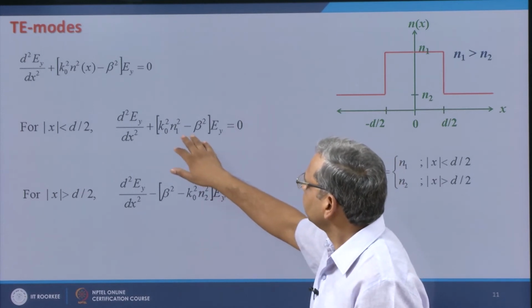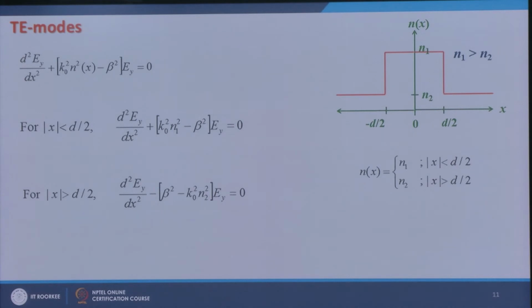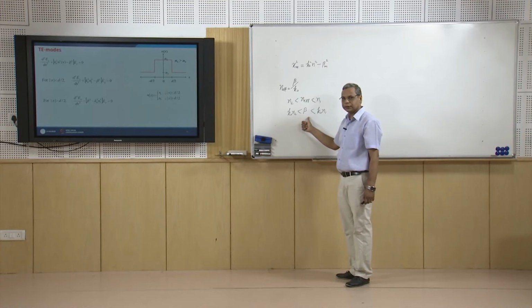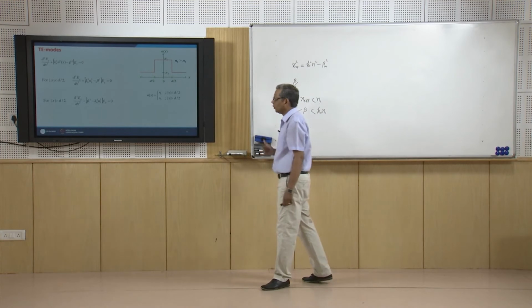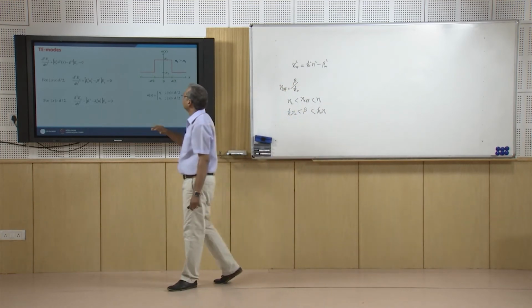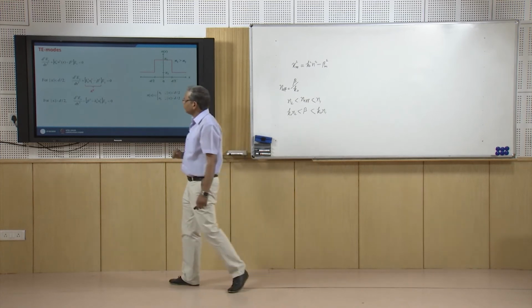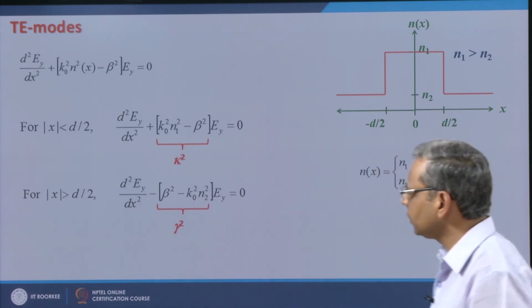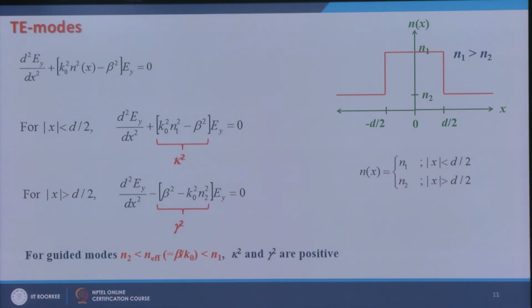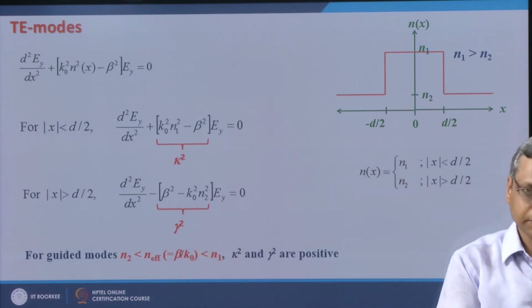So that this is positive here and this is also positive here, because I am going to solve it for the condition for guided modes, for which the energy would be confined into this region. So, I represent this as kappa square and I represent this as gamma square, and these kappa square and gamma square are positive for guided modes, as I have explained.